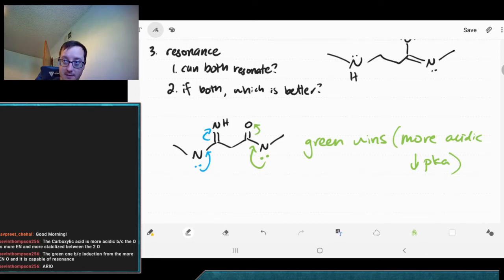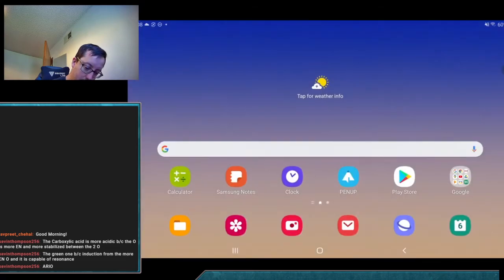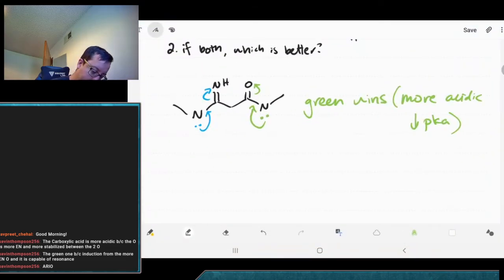Next one we have is induction, as Kevin has pointed out. This is number 4. Induction.